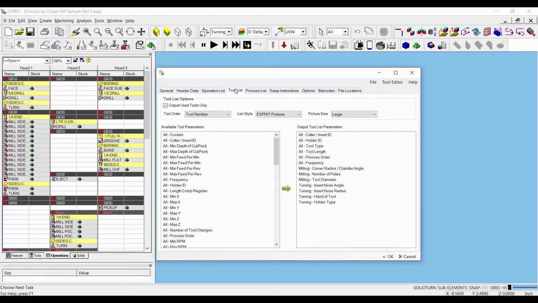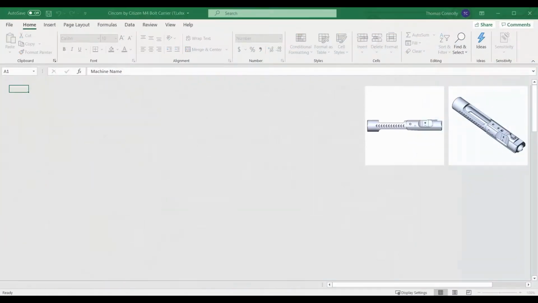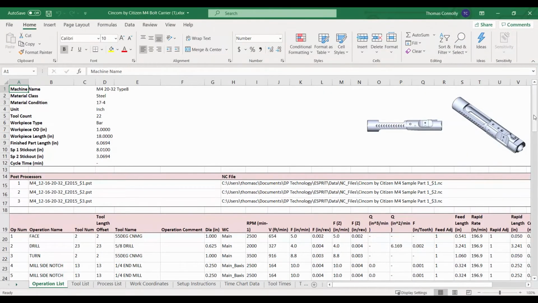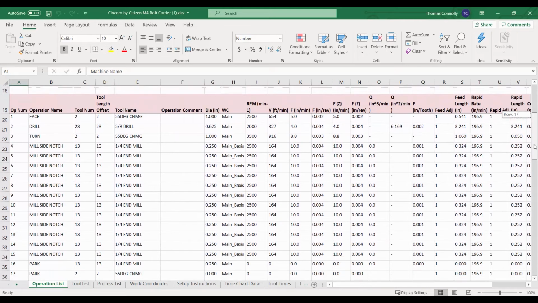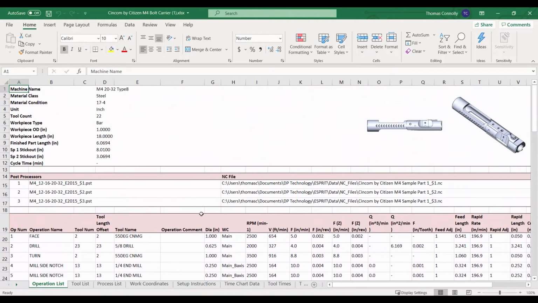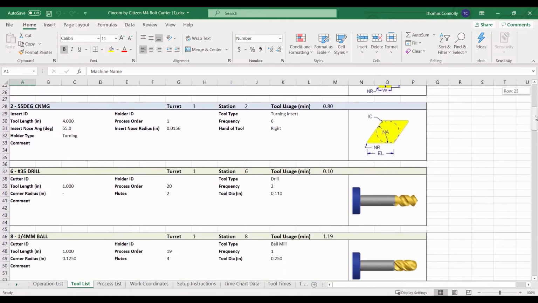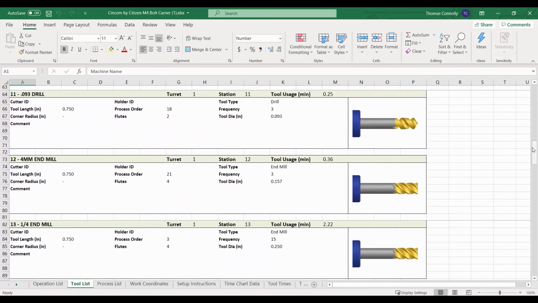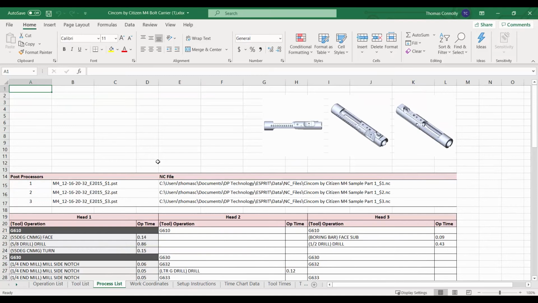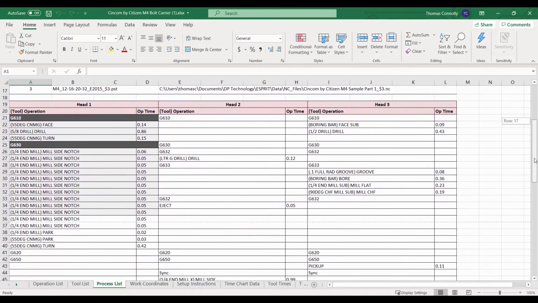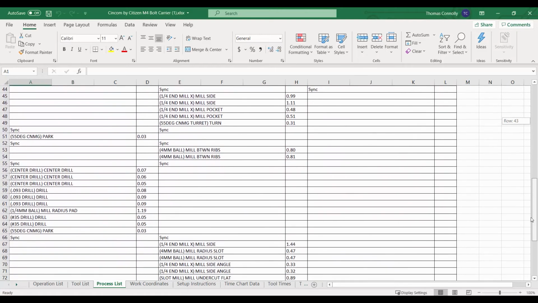Other CAM companies brush right past posts, support, and setup, but we don't. If the front end is done right, setup is easy. With Esprit, there's no stitching of code, no cutting and pasting, no hand editing or fiddling around troubleshooting alarms. Simulation and the report generator create a roadmap to set up your machine tool.